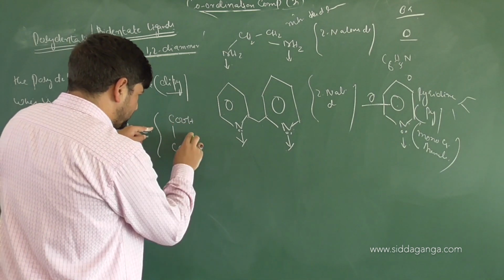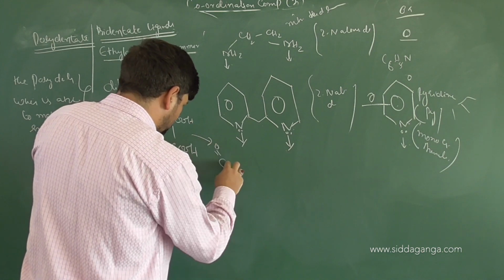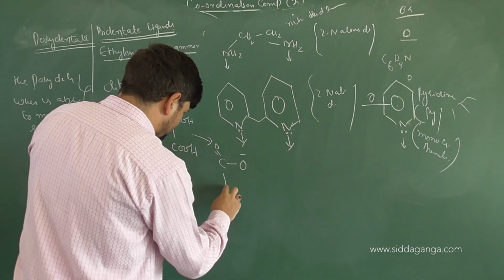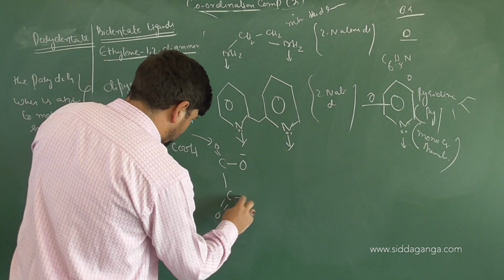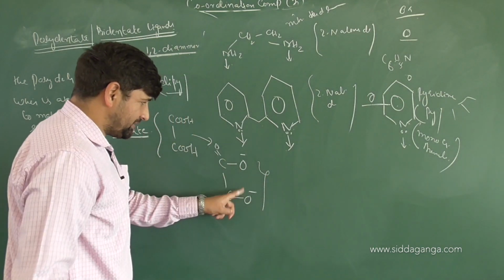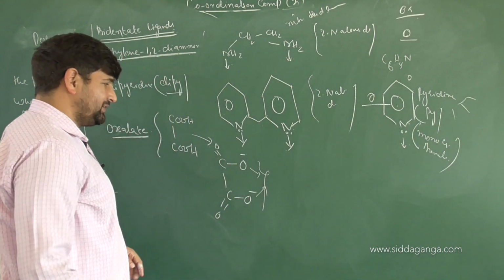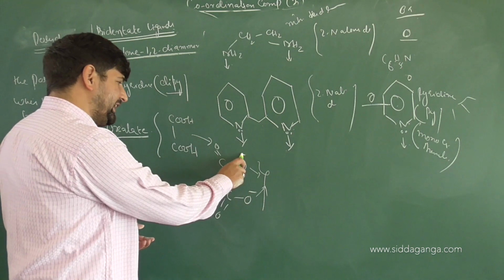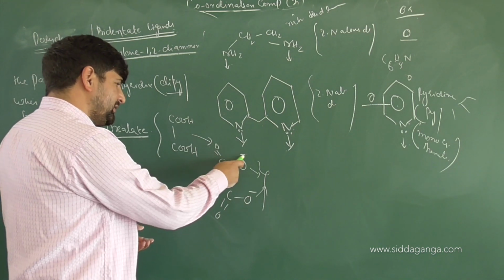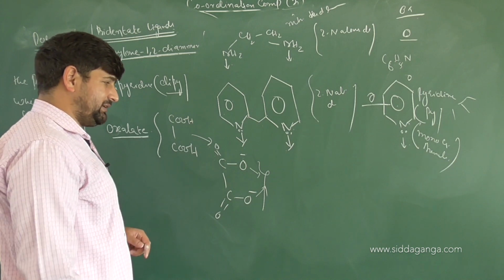When the 2 protons are donated, what will be the structure? C, double bond O, then O minus, then C, double bond O, O minus. So keep it in mind. Now there are 2 negative charges on it. Bidentate ligand. It can also bring chelation or not? Absolutely yes. And you can see the negative charge and double bond are in alternate positions, so conjugation can come into play. Stability exercised by it will be more.